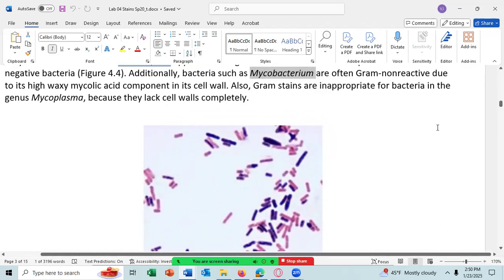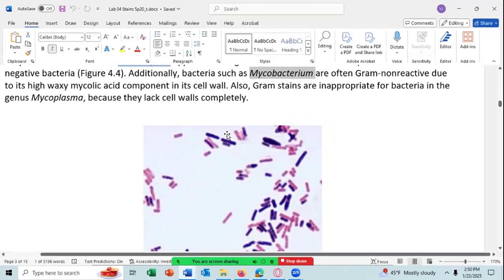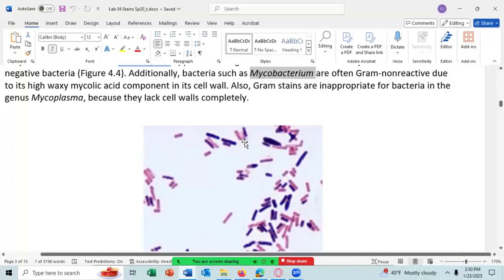What do you notice between the gram negative cells and the gram positive cell? Like this cell here is a very good gram positive cell, and this one there. And then that one there is a good example of a gram negative cell, and there's another good example of a gram negative cell. And right here is another good example of a gram negative cell.